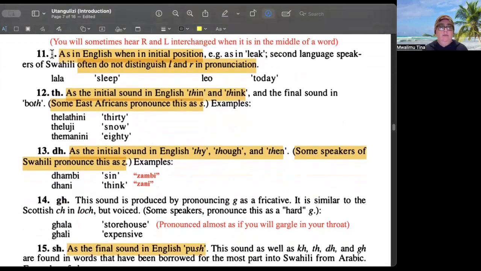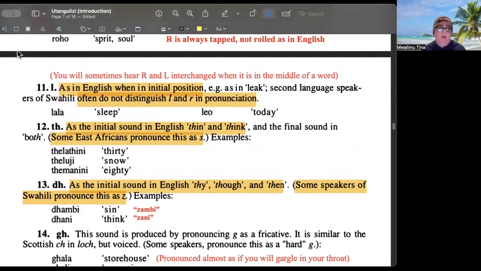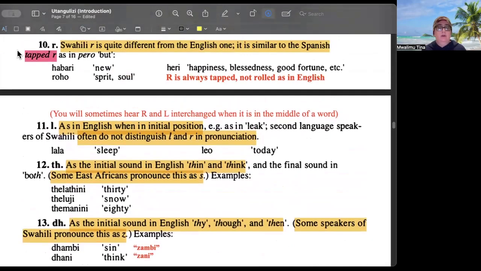The letter L. It is similar to English, especially when it is in the initial position. For example, the word leak, leak. But keep in mind, Swahili speakers often do not distinguish between the letter L and the letter R, whether in pronunciation or writing text messages.